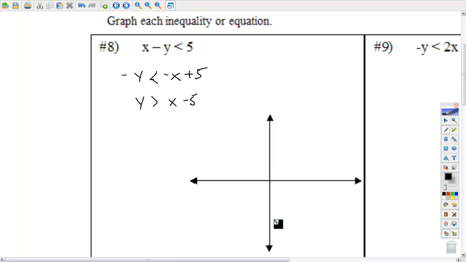Here my y-intercept is -5. My slope is 1. This is greater than, so it's dashed.